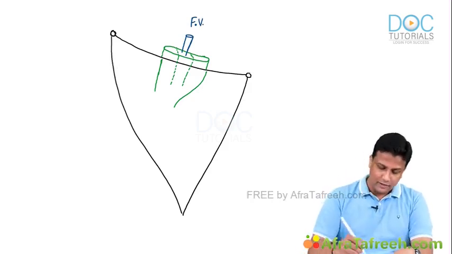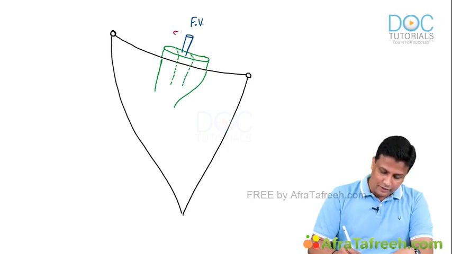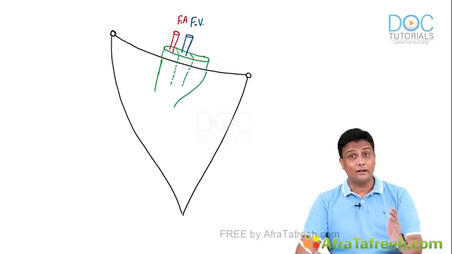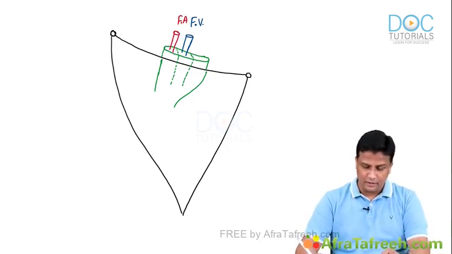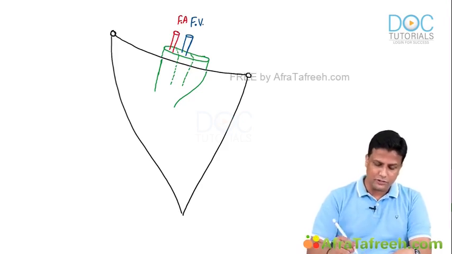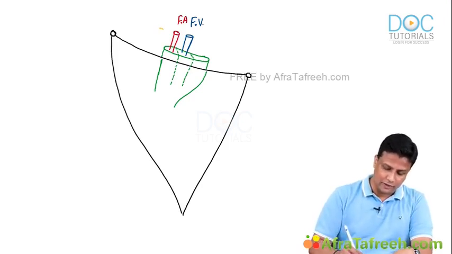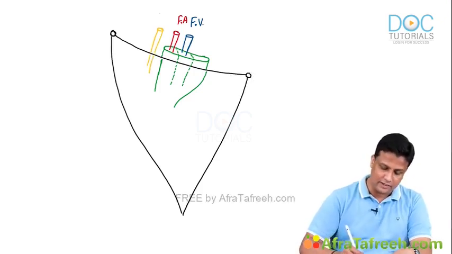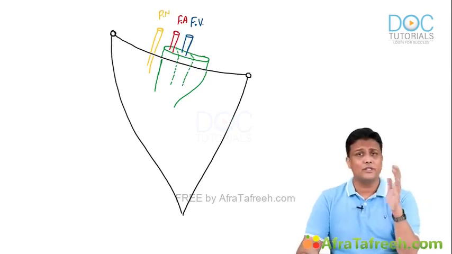Then the femoral artery is the one which passes through the lateral compartment of the femoral sheath. And remember, the most important thing, the femoral nerve is not at all present inside the sheath. The femoral nerve is actually outside the femoral sheath.